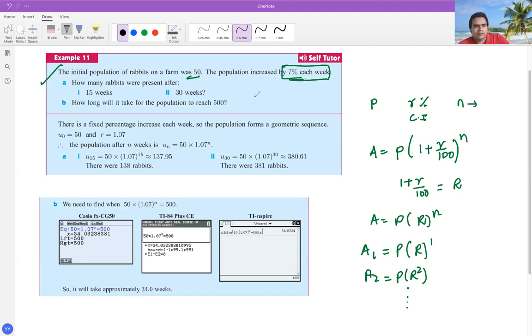So here, A15 is going to be 50 times (1 plus 7 over 100) to the power of 15. Similarly, if I wanted to find out how many rabbits will be present after 30 weeks, it will be 50 times (1 plus 7 over 100) to the power 30.